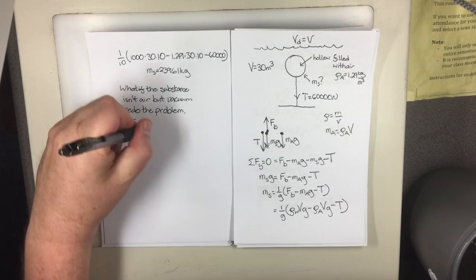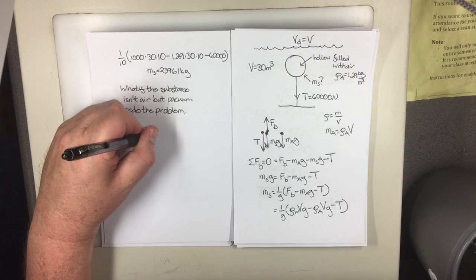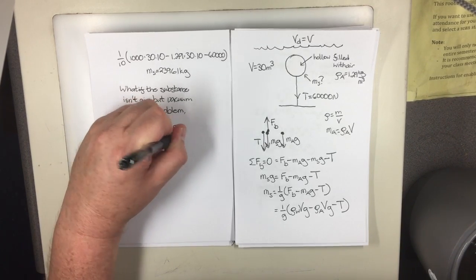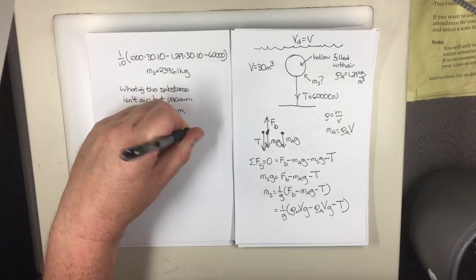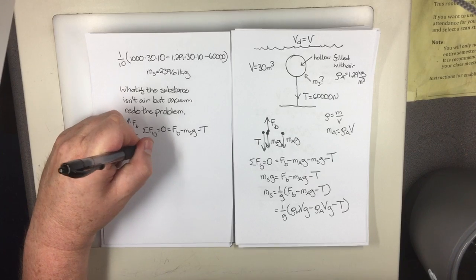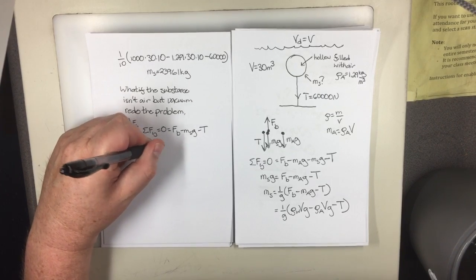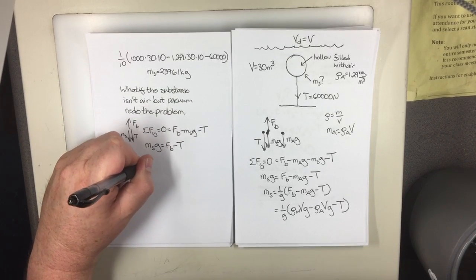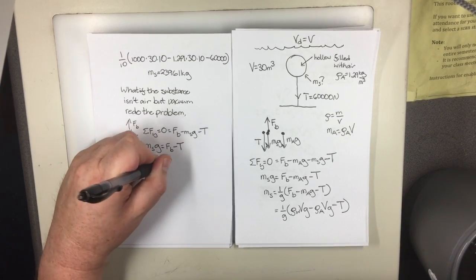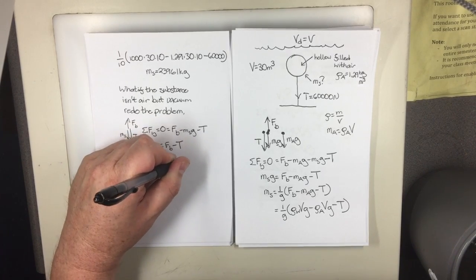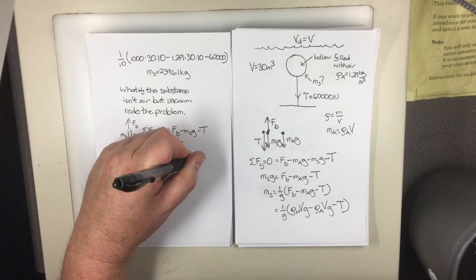And if there are now only 3, sum of the forces in y is equal to 0, which is equal to buoyant force minus M_S g minus tension. Solve for mass of the shell. Mass of the shell, gravity, is buoyant force minus tension. Mass of the shell is 1 over gravity. Buoyant force is density of water, volume, gravity, minus tension.